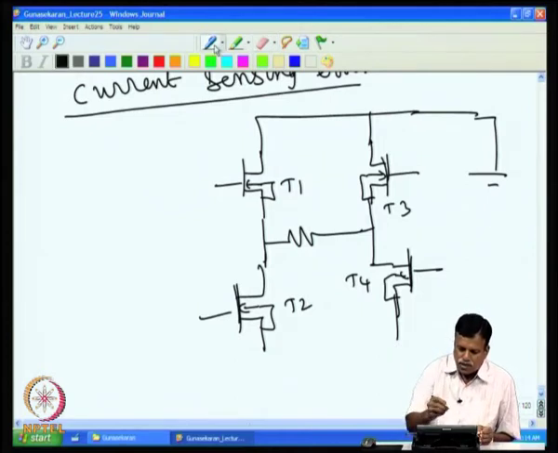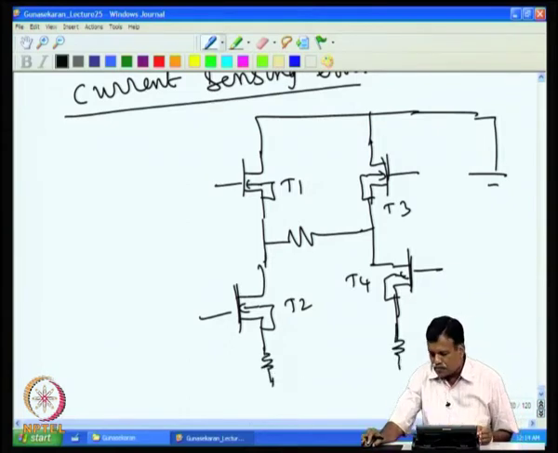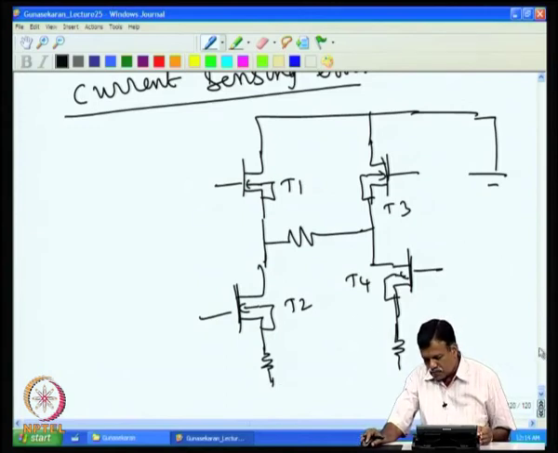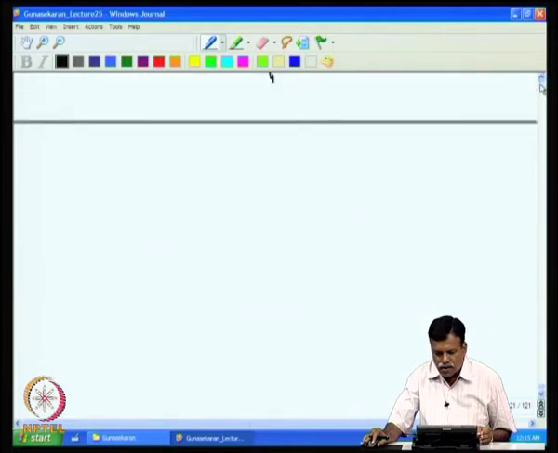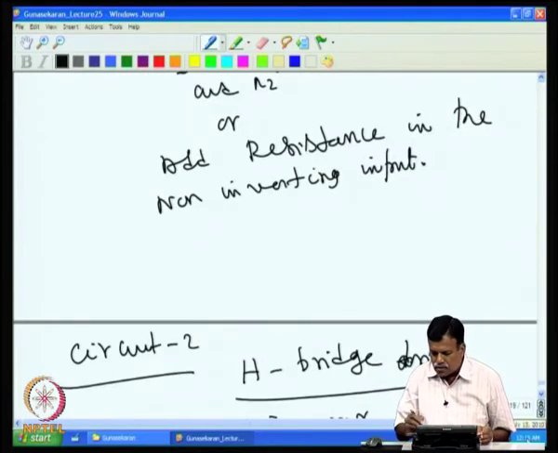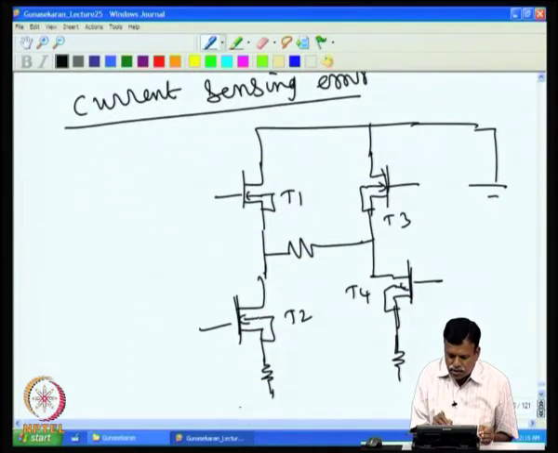I will add the resistance here, and I will add the resistance here. Now, this I connect to ground.